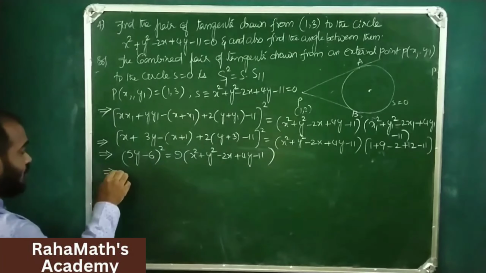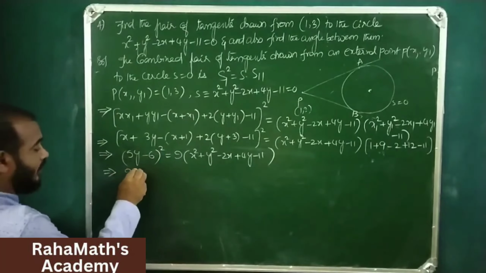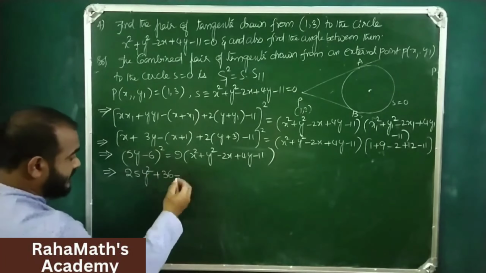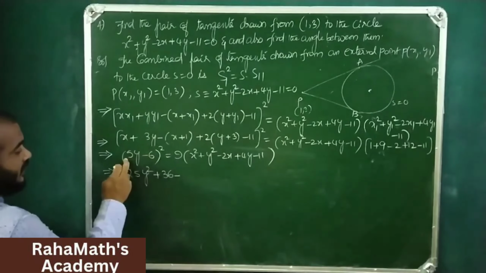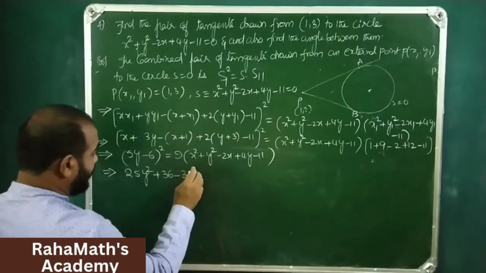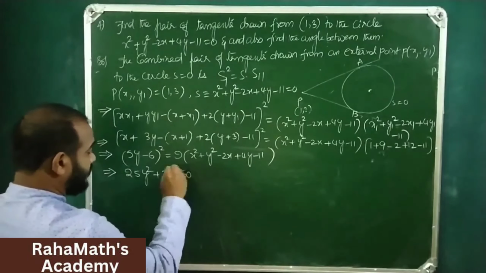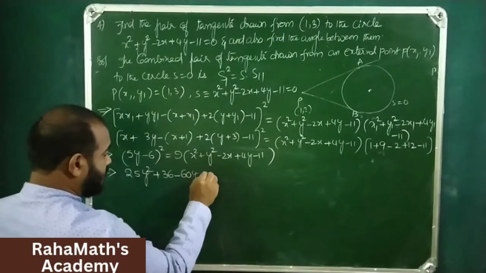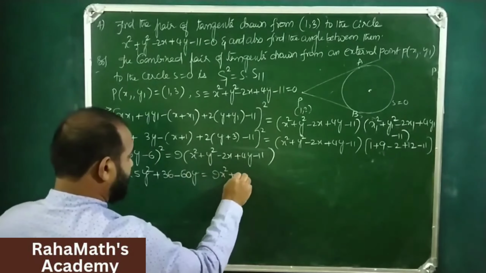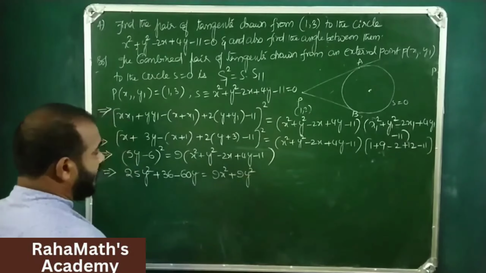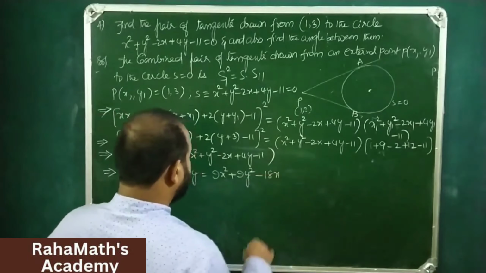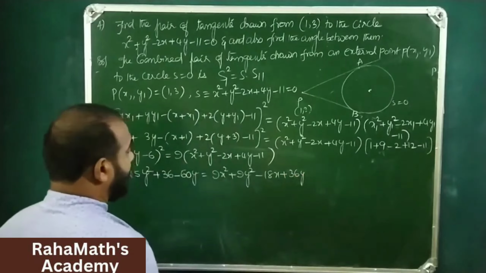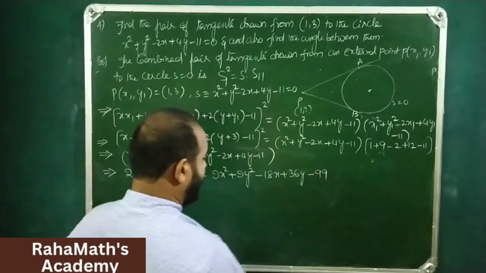Expanded, 25y square, 6 square 36, minus 2 fives are 10, 10 sixes are 60y, is equal to 9x square plus 9y square, 9 twos are 18x, 9 fours are 36y. Next, 9 elevens, minus 99.